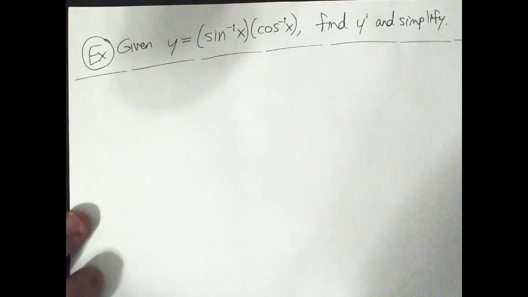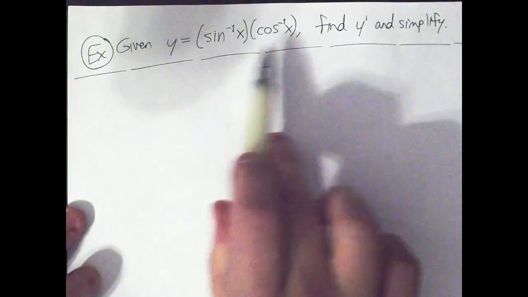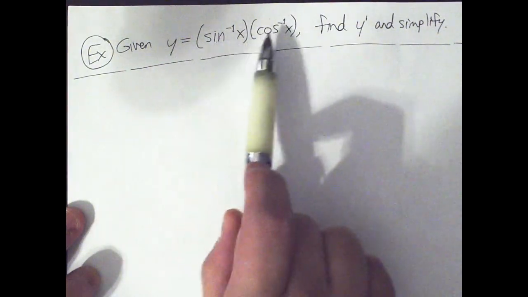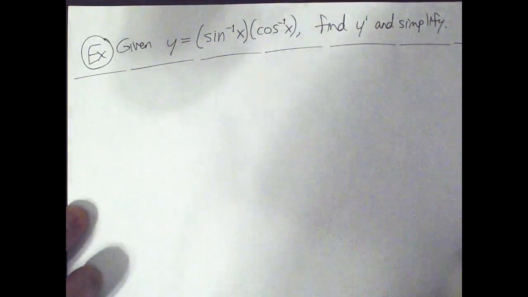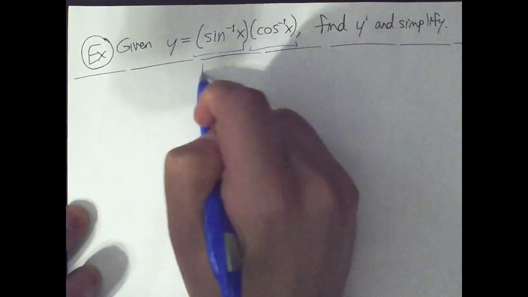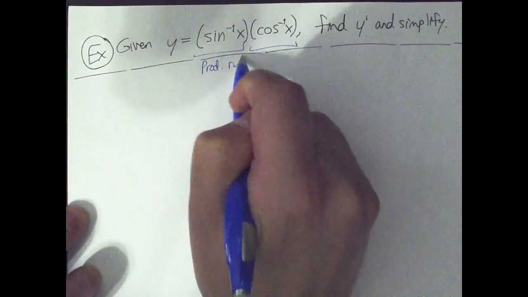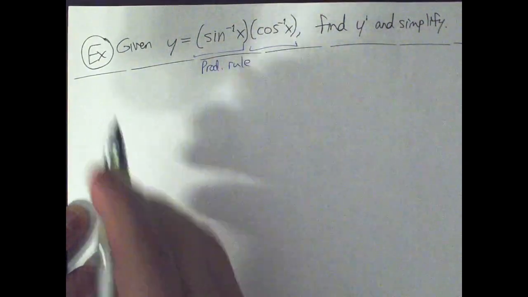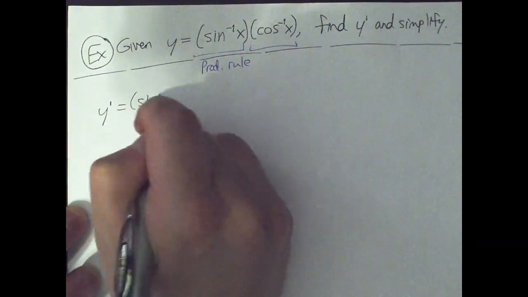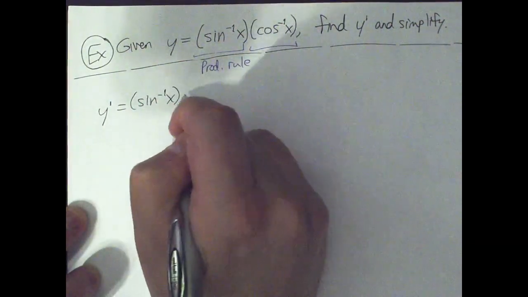All right, so this looks like a product. It's something times something, and we just discussed a rule for the first piece and a rule for the second piece, but we also need to acknowledge that it's product rule. So, all right, that's okay. Let's get started. Y prime equals the first function times derivative of the second.